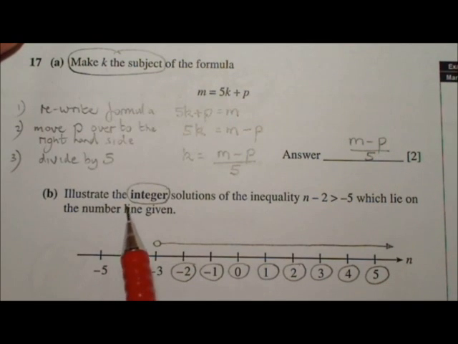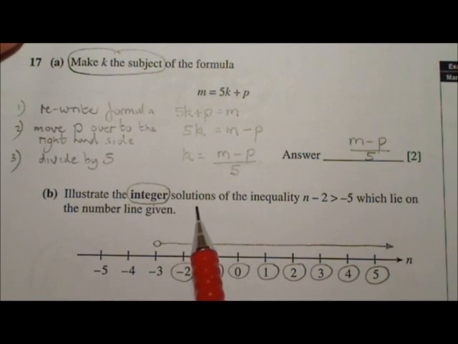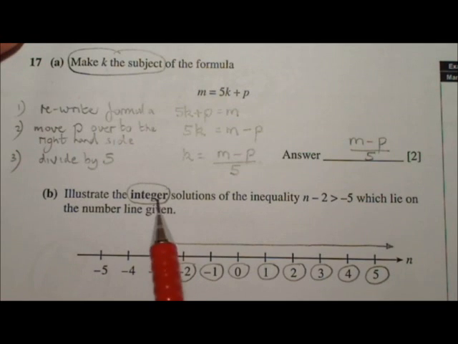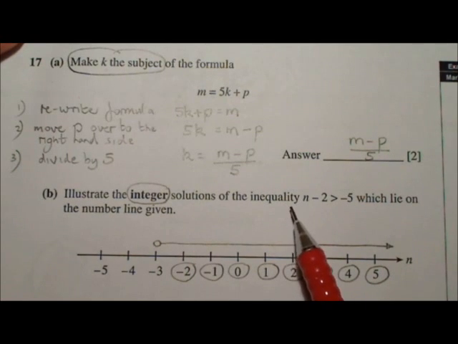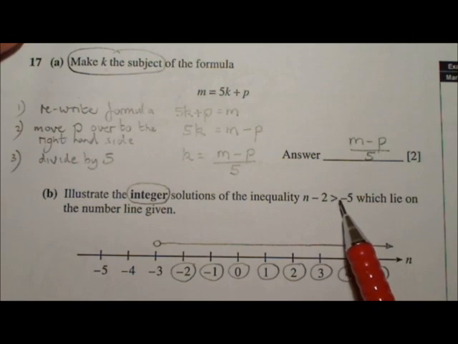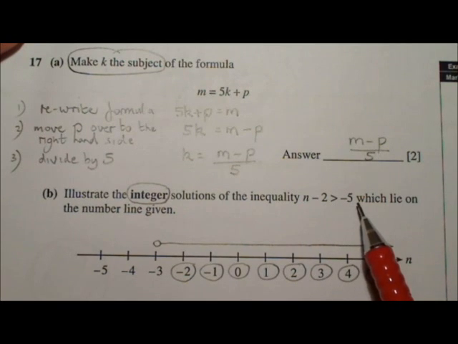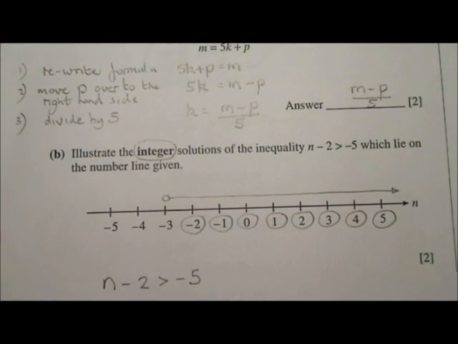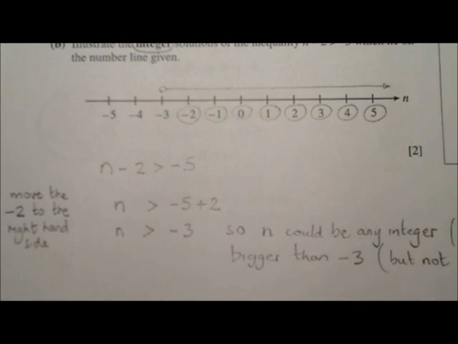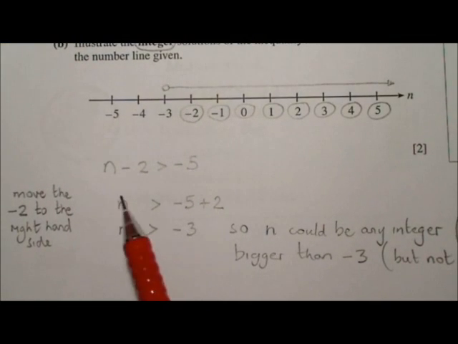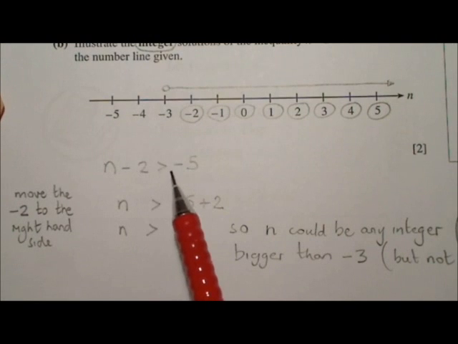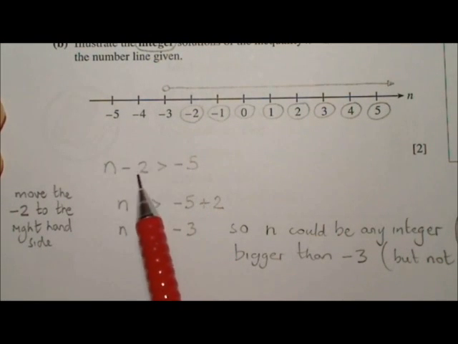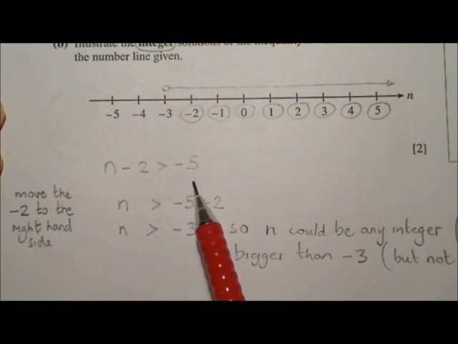Question B then, illustrate the integer solutions. That just means the whole number solutions of the inequality n minus 2 is greater than minus 5, and you're asked to indicate these on the number line. First step is we need to rearrange this little inequality. We've got n minus 2 is greater than minus 5, so we want to move this minus 2 over to the other side of the inequality sign.